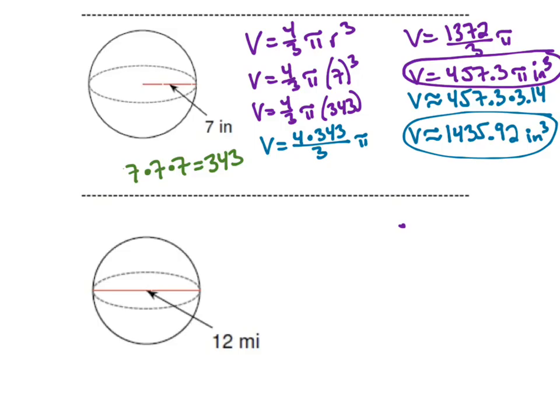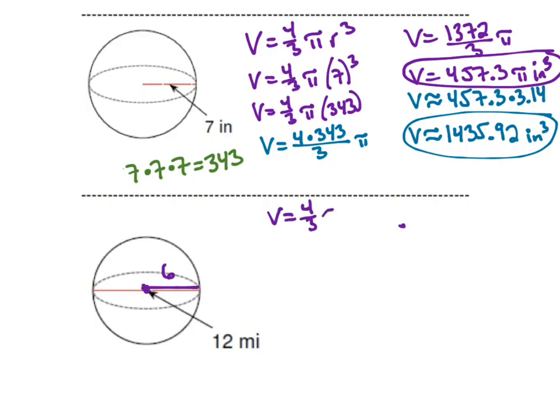Okay, next problem. Go ahead and pause and try this one on your own, but be careful. This is the diameter, so what do you have to do? Okay, did you work it out? Well, let's see. First of all, that's the diameter. That means I need to divide it by 2 to get the radius. Okay, write out my formula.